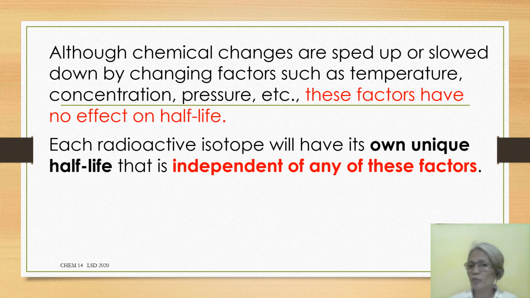Any change on the factors mentioned could alter the rate of chemical change. However, any of these factors do not have an effect on the half-life. Each radioactive isotope has its own unique half-life that is independent of any of the factors mentioned.